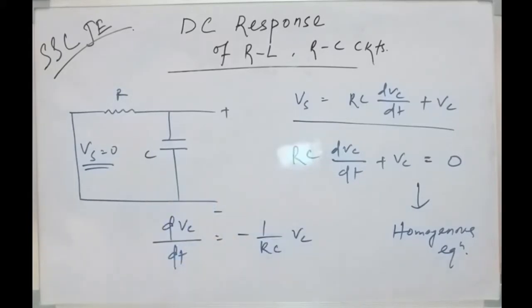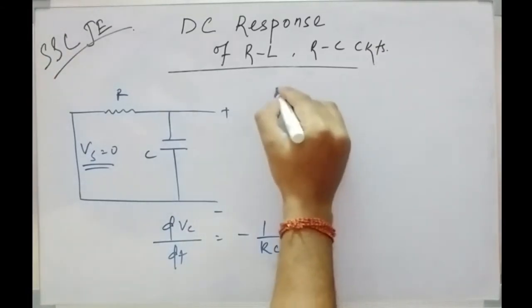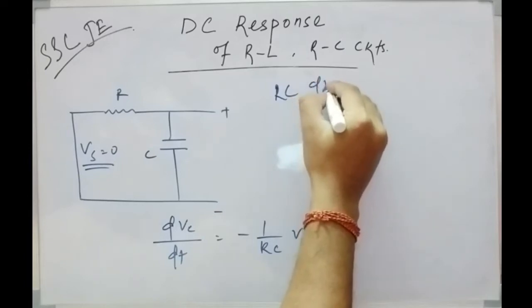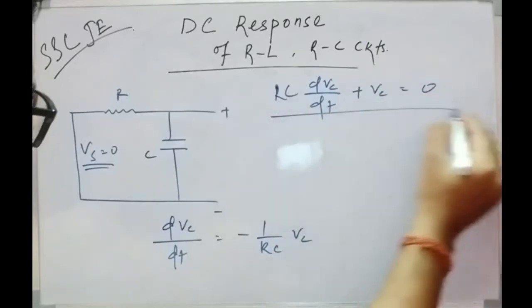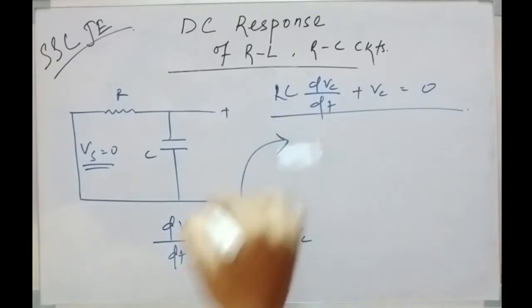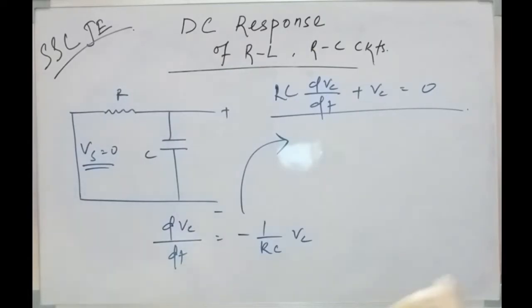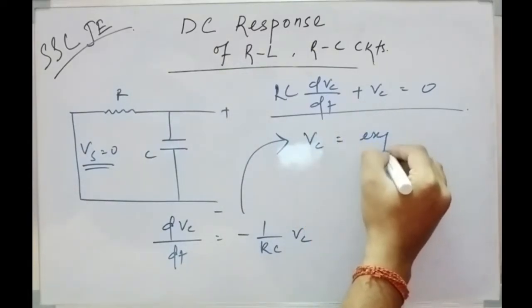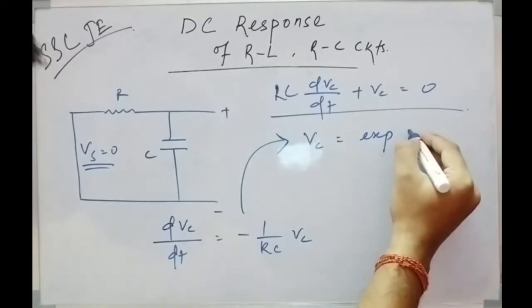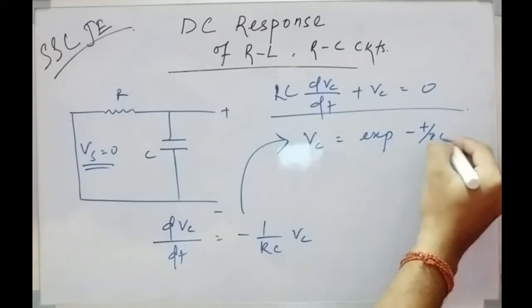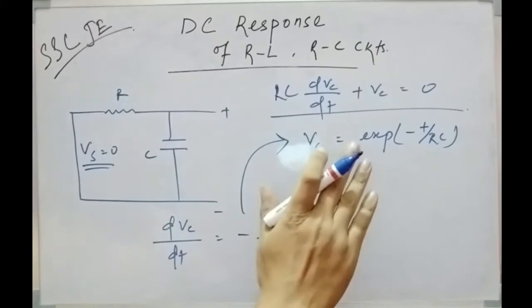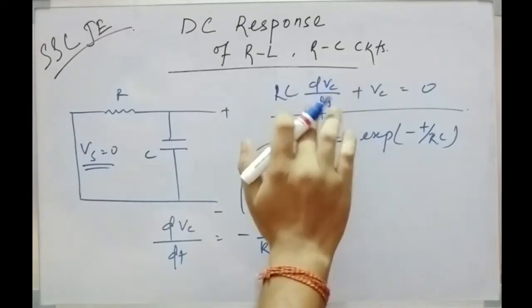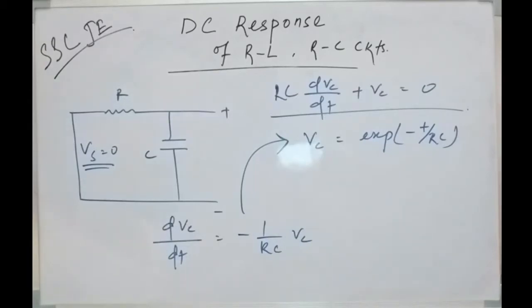By taking the integration and solving this equation, you will get Vc equals exponential minus t by RC. This will be the solution for this homogeneous equation: Vc equals exponential minus t by RC.